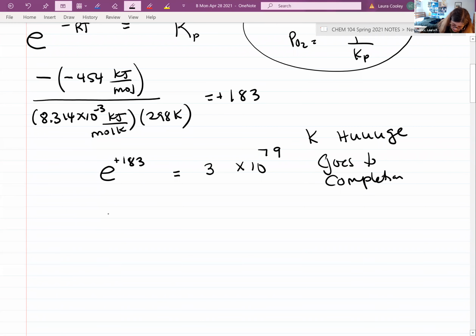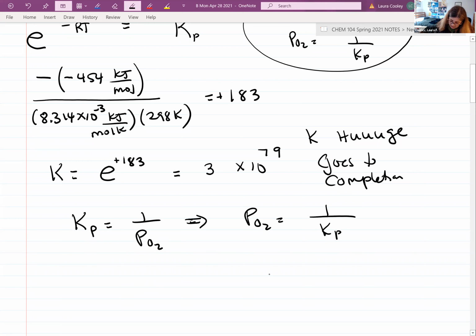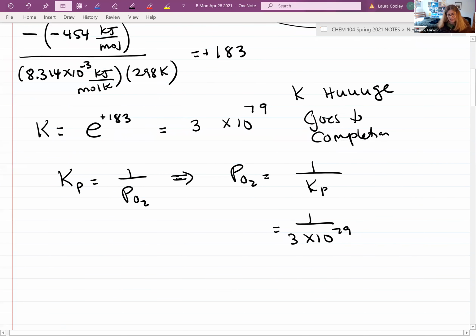So this is K. So K is 1 over the partial pressure of oxygen, which means that the partial pressure of oxygen is 1 over K, which is 1 over 3 times 10 to the 79th, which obviously is going to be a very small number. And in fact, it is 3 times 10 to the negative 80th atmospheres.